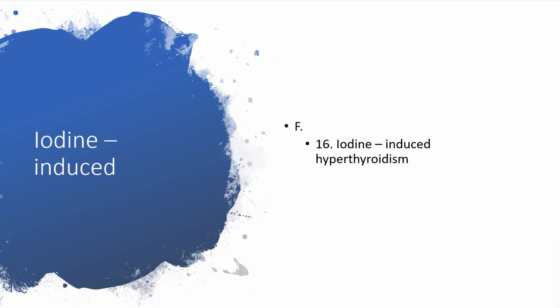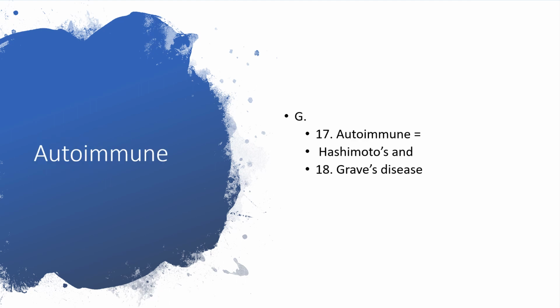Iodine induced. Iodine can induce hyperthyroidism. Autoimmune diseases. Particularly when it comes to the thyroid gland, we might be dealing with Hashimoto's or Graves' disease. They could both lead to hyperthyroidism, but Hashimoto's will end up with hypothyroidism. But I won't leave this page without reminding you that once you pick an autoimmune disease in anyone, it's likely that you are going to find more.